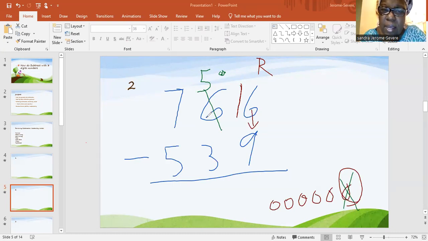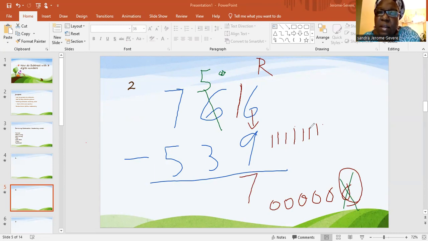You say 9, 10, 11, 12, 13, 14, 15, 16. So it's 1, 2, 3, 4, 5, 6, 7. So there you go. So you count up. Okay, so 16 take away 9 is 7.